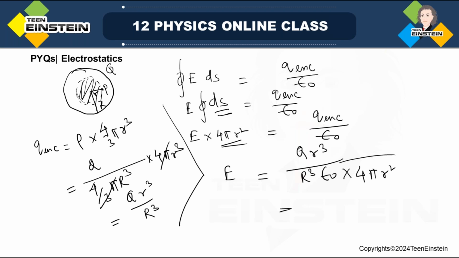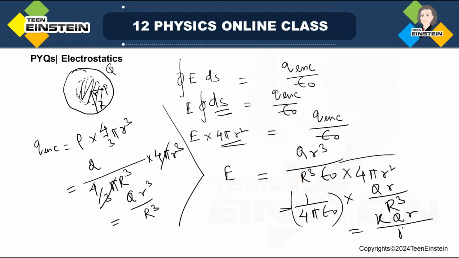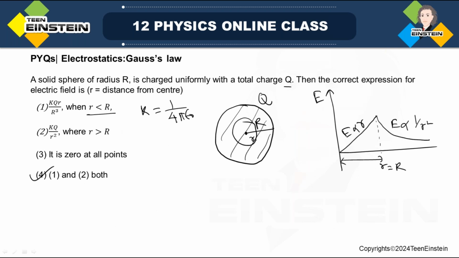So see this 4 pi r square, 1 by 4 pi epsilon naught into, see this is square, this is cube, so I can write Q r divided by R cube. Okay, now this particular term I can write as K, so K Q r by R cube. This is a very simple one.